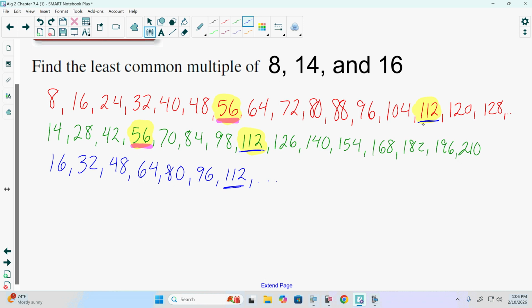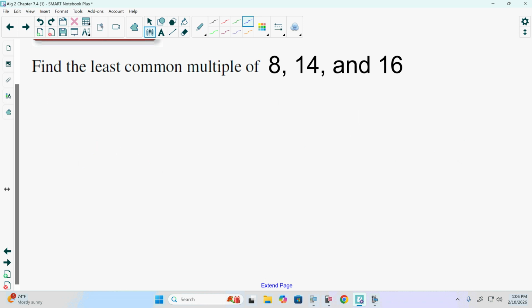All right, let's see another way to actually do this. Least common multiple also works on the factors. So we want to get this into the prime factorization. We want to see how many of each prime number are a part of each of these numbers here. So if we look at 8, well, what is 8? It is 2 times 4, yes? 2 is prime.